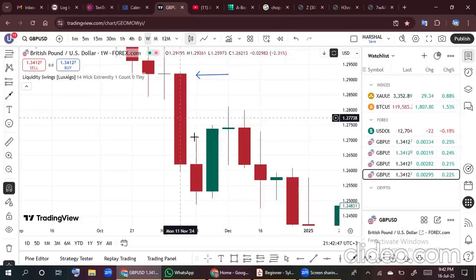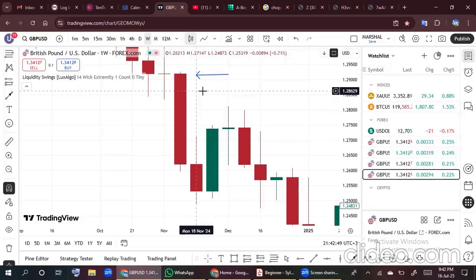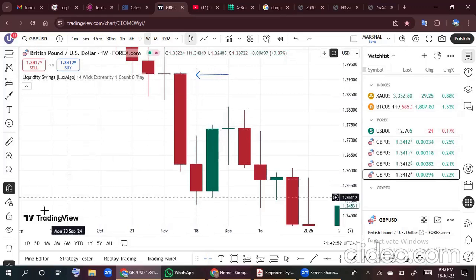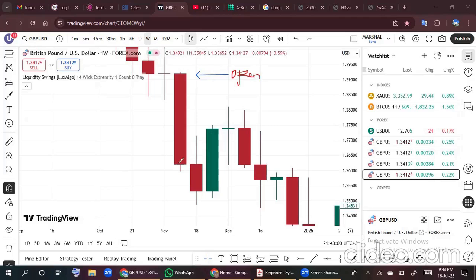Now, generally, this is the structure of a candle. For a bearish candle, this is the open, and this area is the close. So it means the candle opens from this point and closes at this point, and another new candle forms.